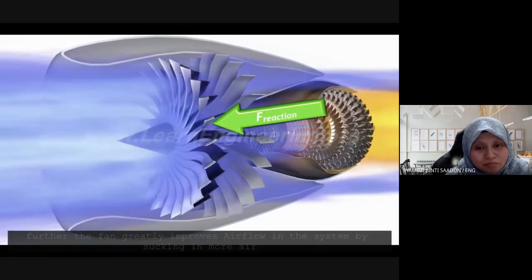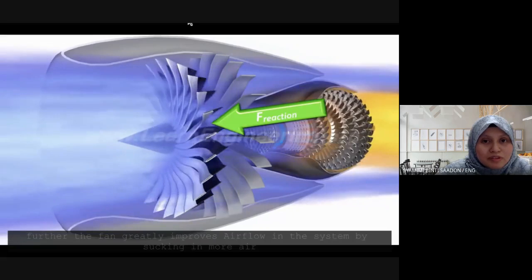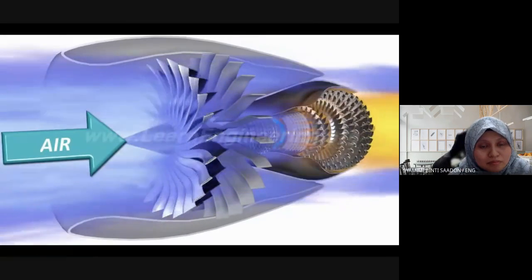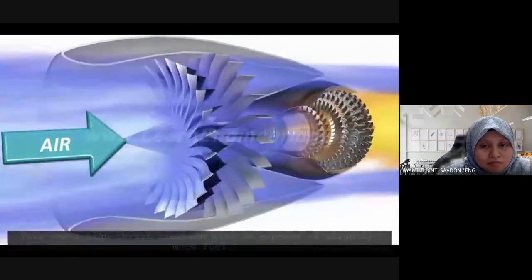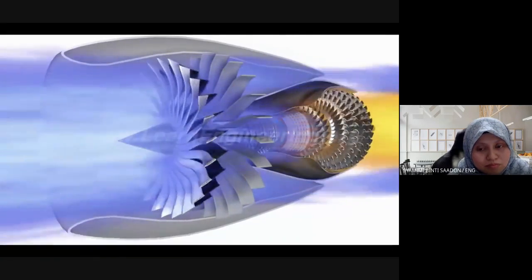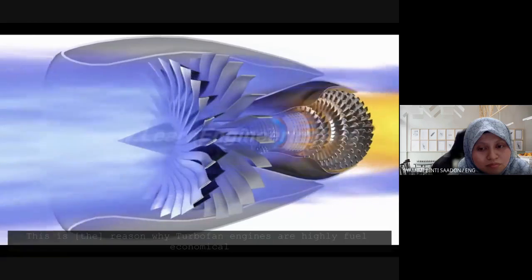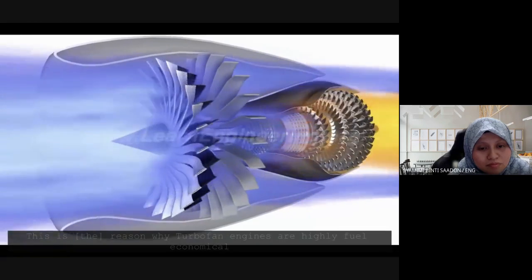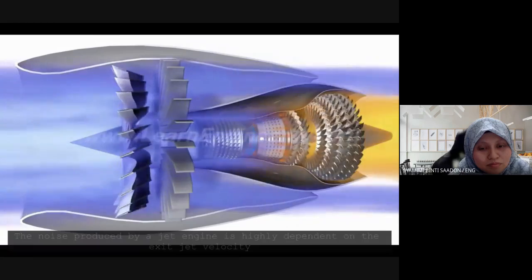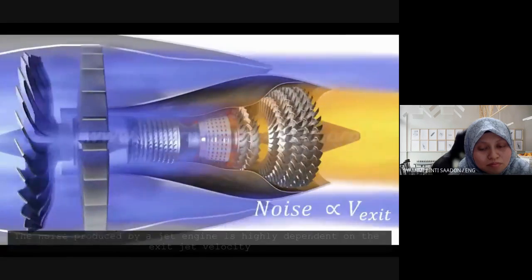Further, the fan greatly improves airflow in the system by sucking in more air. Thus, it helps to improve the thrust. This means high thrust creation at the expense of slightly more fuel. This is the reason why turbofan engines are highly fuel economical. The noise produced by a jet engine is highly dependent on the exit jet velocity.